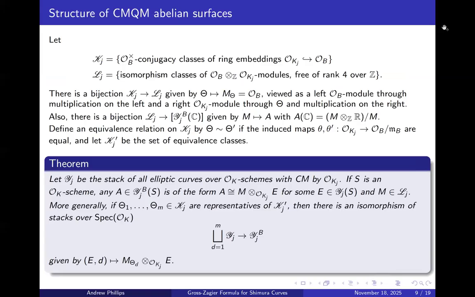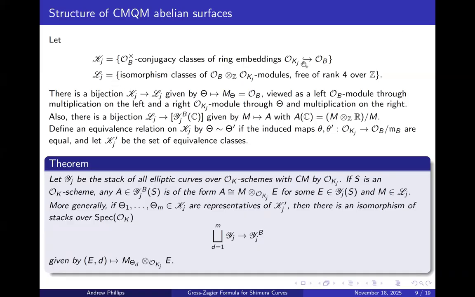Now, one of the key things that I used in proving the formula for that intersection multiplicity is a structure theorem for these QM abelian surfaces. It turns out that every one of these, at least the CM QM abelian surfaces, arises from an elliptic curve. So basically every surface comes from an elliptic curve through some kind of tensor product.